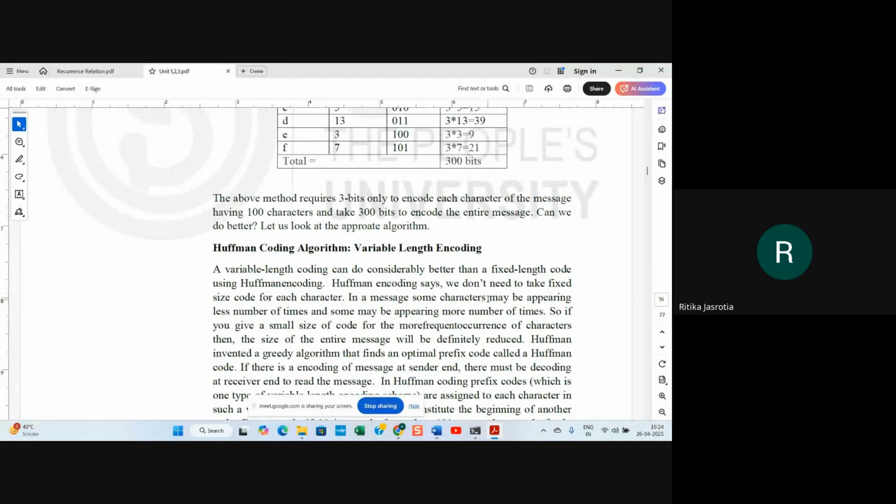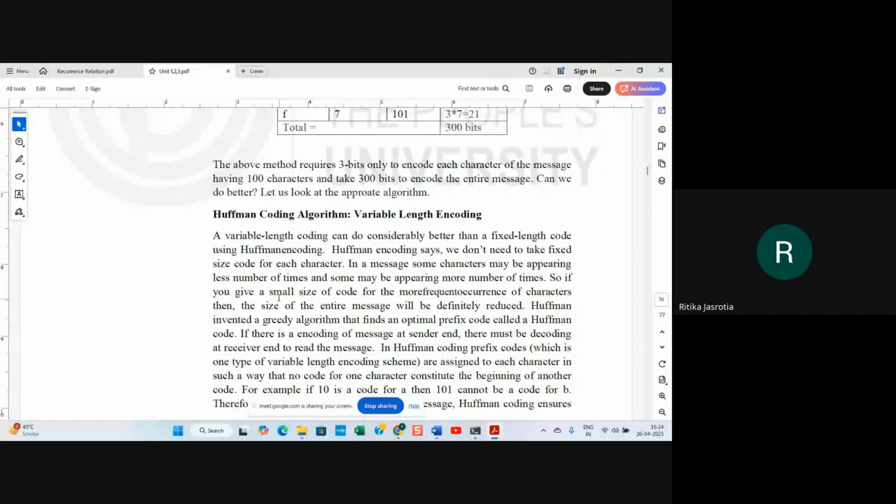In a message, some characters may be appearing fewer times and some may be appearing more times. So if you give a small size of code for the more frequently occurring characters, then the size of the entire message will definitely reduce. So Huffman invented a greedy algorithm that finds an optimal prefix code called the Huffman code.